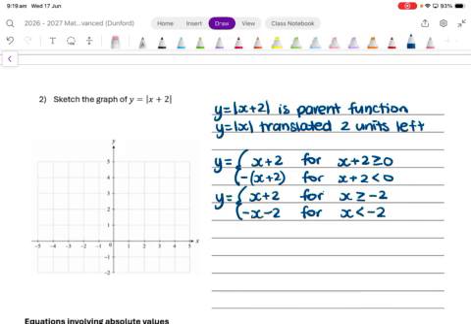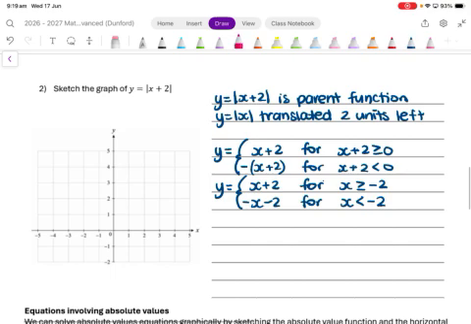So what this means is we would be asked to sketch y equals x plus 2 for x greater than or equal to minus 2.